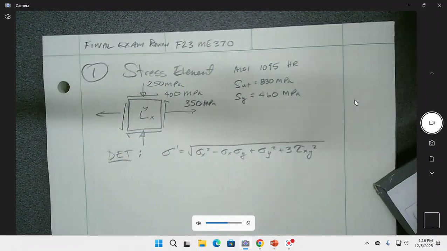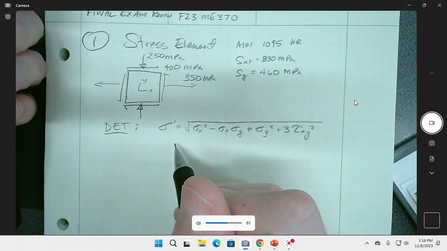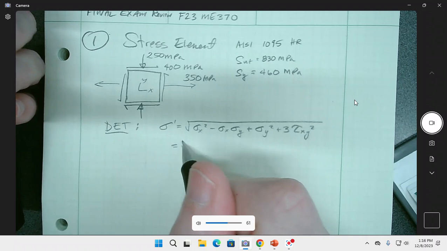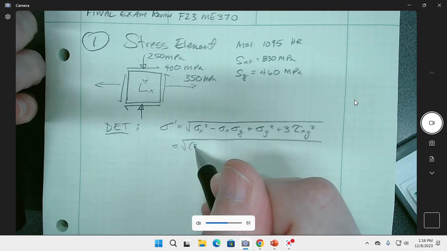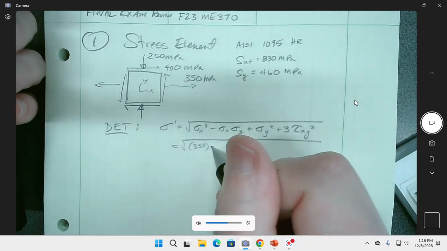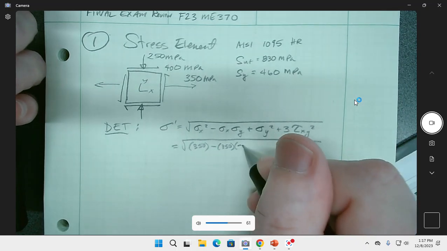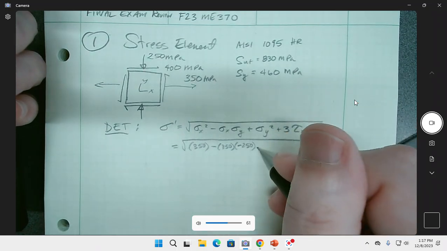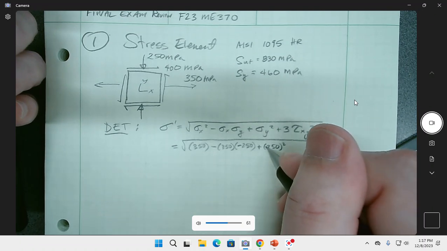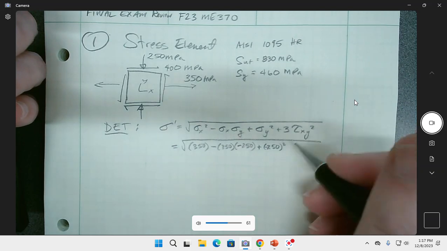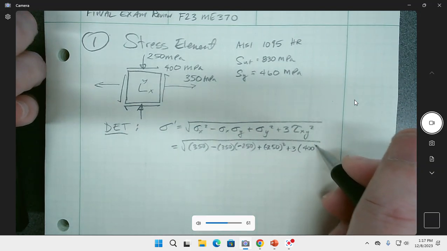So sticking some numbers in there. You go 350 squared minus 350 times negative 250 plus 250 squared. You could even put a negative inside there, but it doesn't matter because it's squared. Plus 3 times 400 squared.